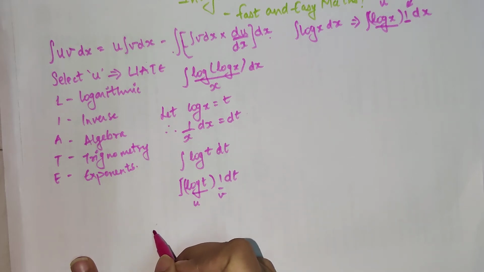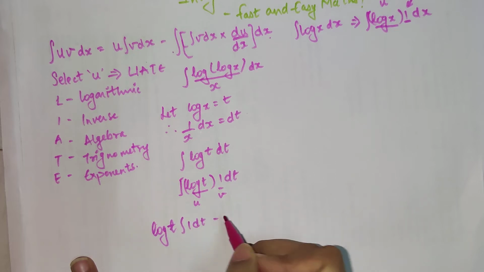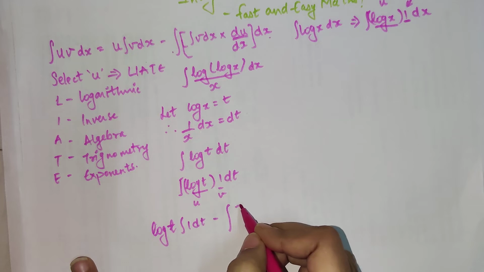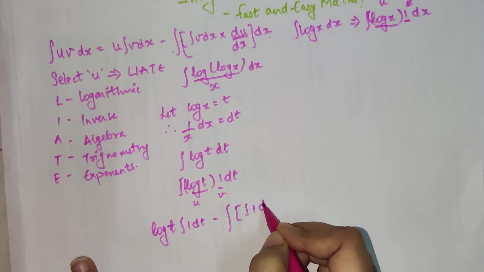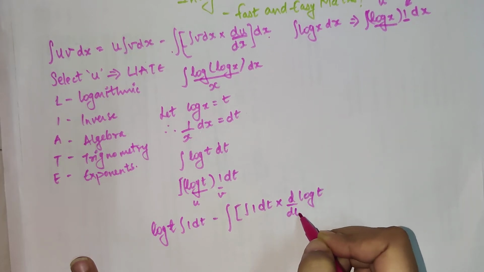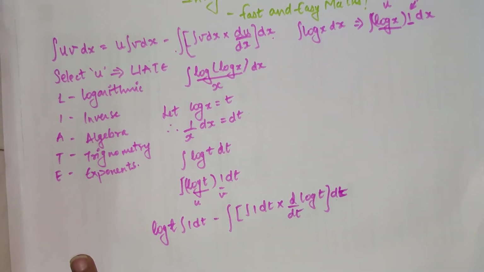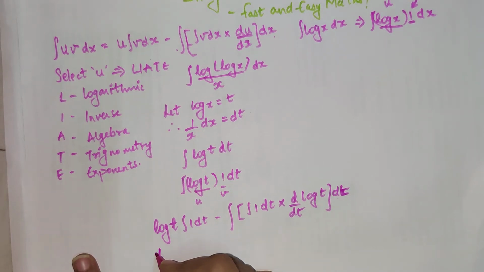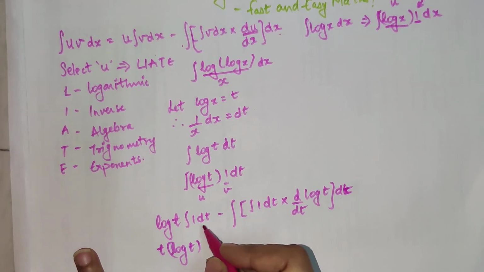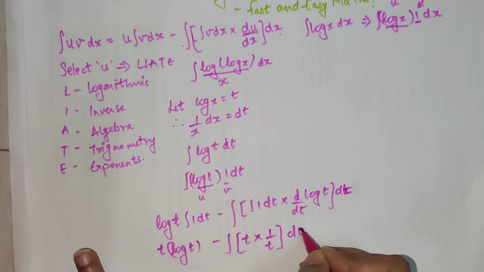So U, that means log t, into integration of 1 dt, minus integration of [integration of 1 dt into differentiation of log t with respect to t]. The answer is t into log of t, because integration of 1 with respect to dt gives just t, minus integral of t into 1 upon t dt.